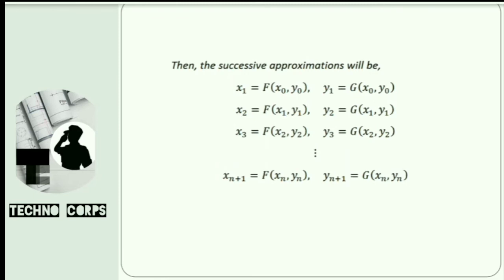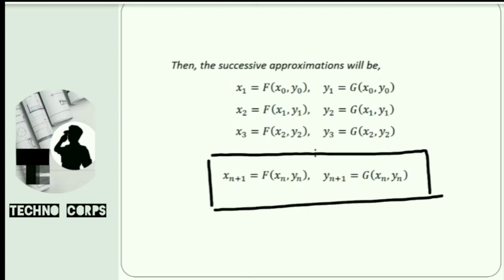After that, similarly for x2, the second iteration, we put the values of x1 and y1, and whatever value comes is the value of the second iteration. Then by taking the values of x2 and y2, we get the third iteration and so on. So here we can define a generalized equation for this method in terms of two variables or two unknowns.